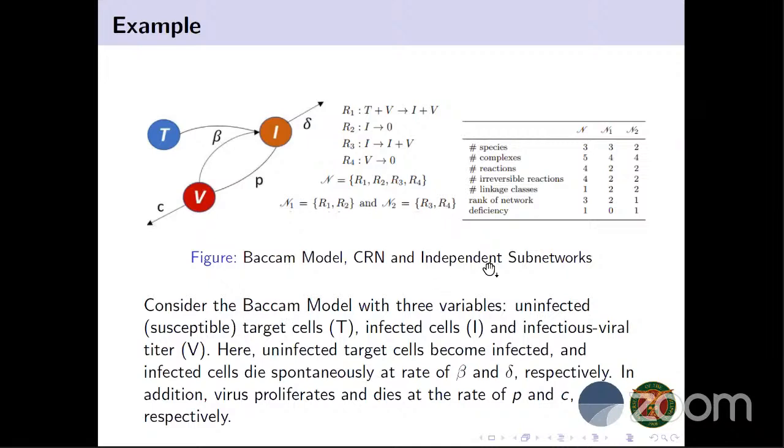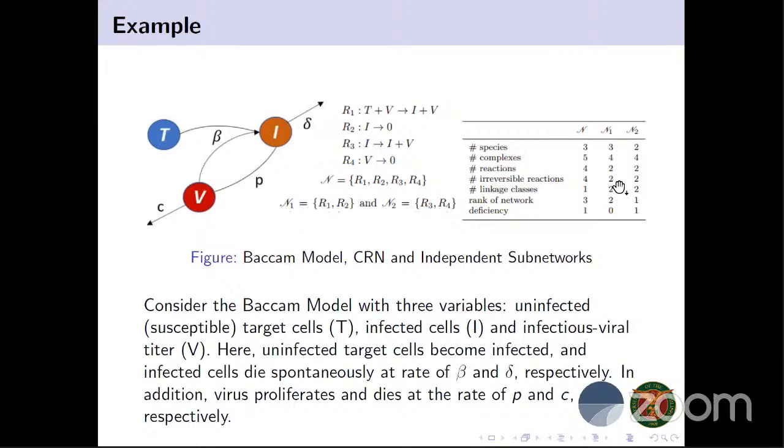So consider the Baccam model with three variables: uninfected susceptible target cells given by the variable T, infected cells given by the variable I, and infectious viral titer given by the variable V. Here, uninfected target cells become infected at this rate, and infected cells die spontaneously. In addition, virus proliferates and dies at the rate of p and c respectively. So this is the network, and these are the subnetworks.